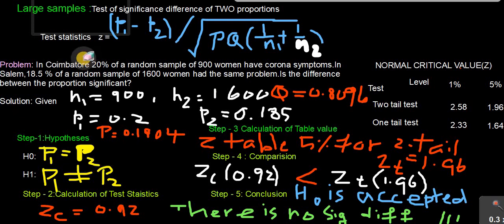Otherwise we can say that there is no significant difference between corona affected people in the population of Coimbatore and the other population of Salem. So finally we got that there is no significant difference between the two proportions of corona affected people in Coimbatore as well as Salem. Thus we come to the end of this particular problem.